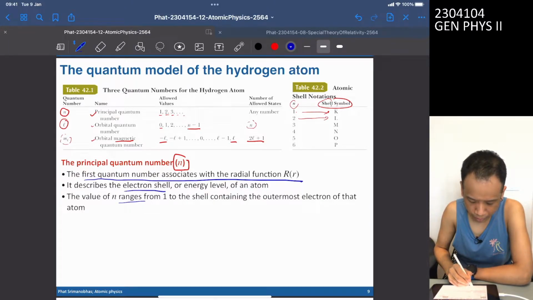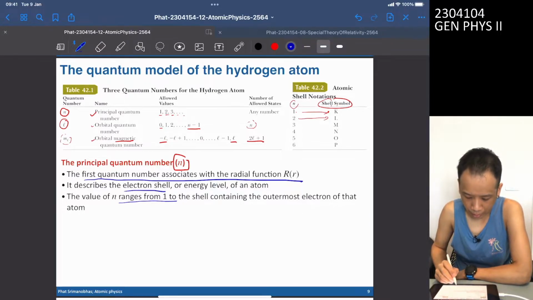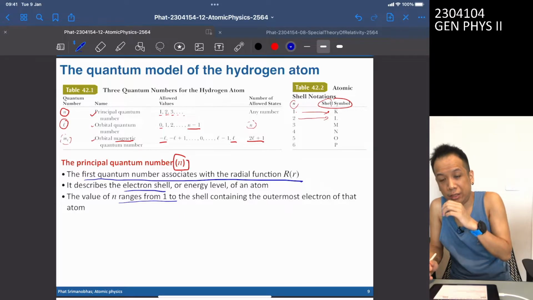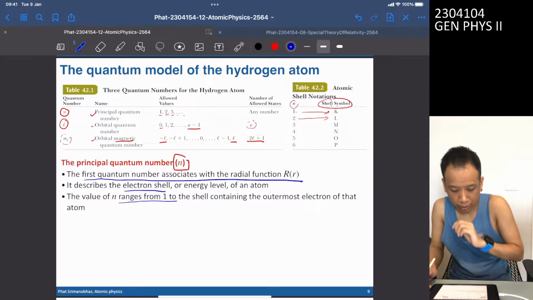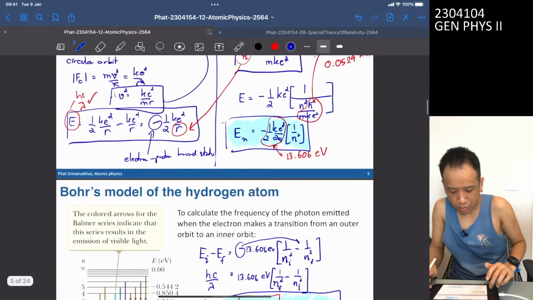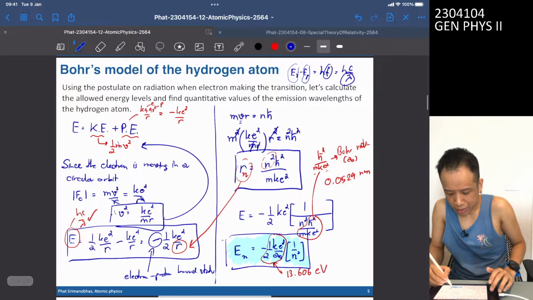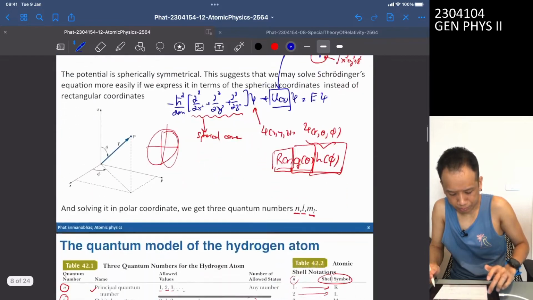The value ranges from 1 upward, and the higher n is, the lower the energy becomes, following the same way as the Bohr atom. If n is large, the energy of that electron is going to be very low.